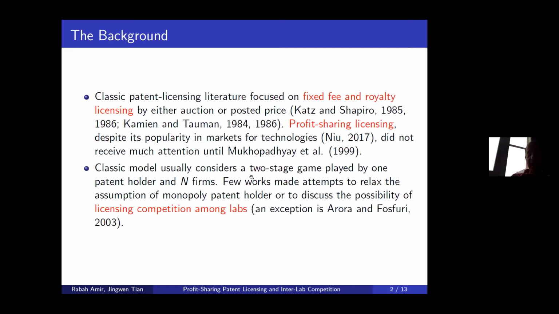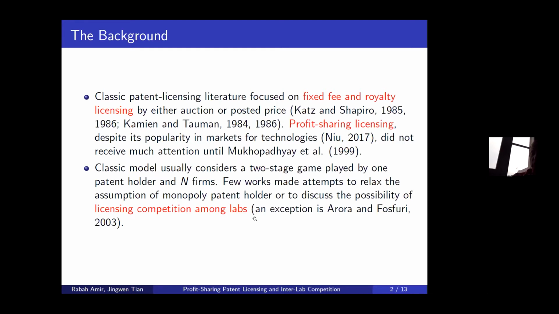And otherwise, we have a priori the basic classic model. The classic models usually consider a fixed number of firms N. And usually we have a monopoly patent holder in the classical models of licensing.